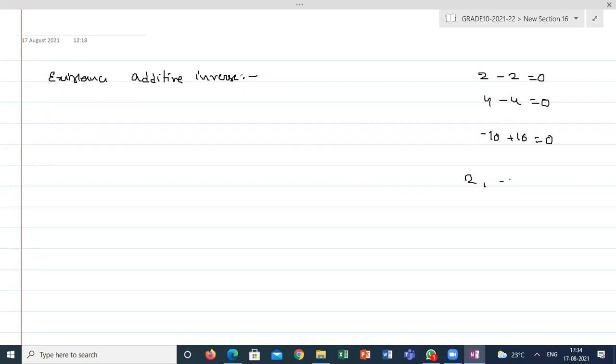Yes, sir. Additive inverse of 2 is -2, but -2 is not a natural number. When I'm talking about natural numbers, additive inverse is not possible.